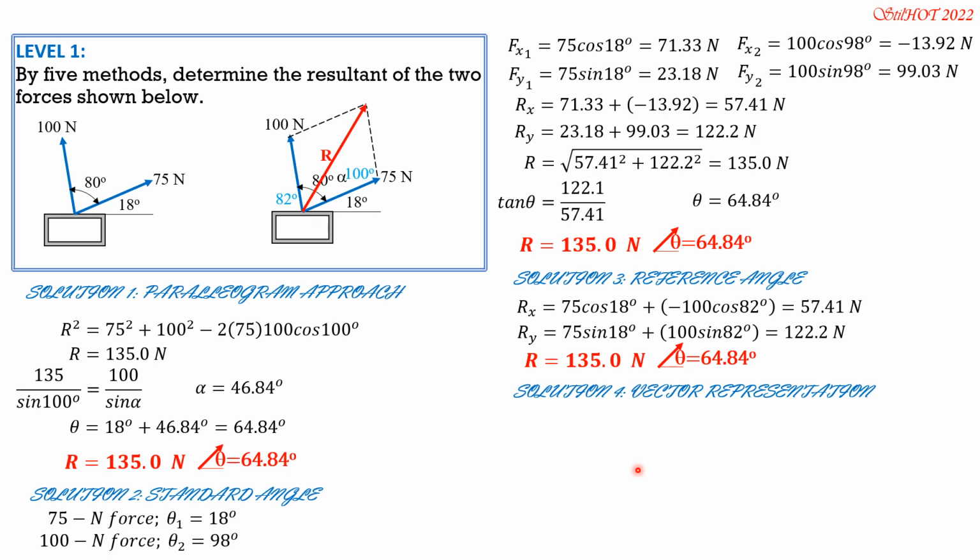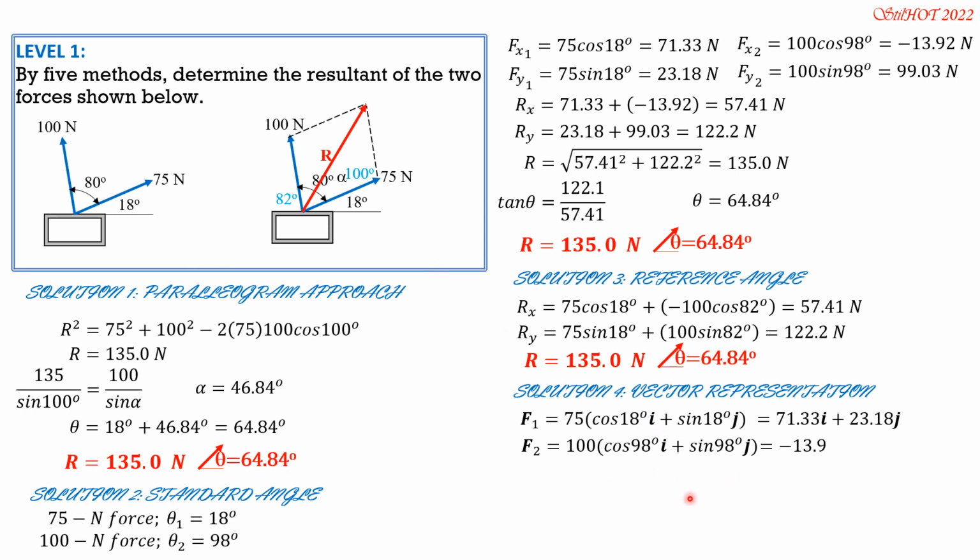Solution 4 by vector representation. The 75 Newton force is 75 magnitude times cosine of 18 i plus sine of 18 j. So that would be 71.33i plus 23.18j. F2 is 100 cosine of 98 i plus sine of 98 j.